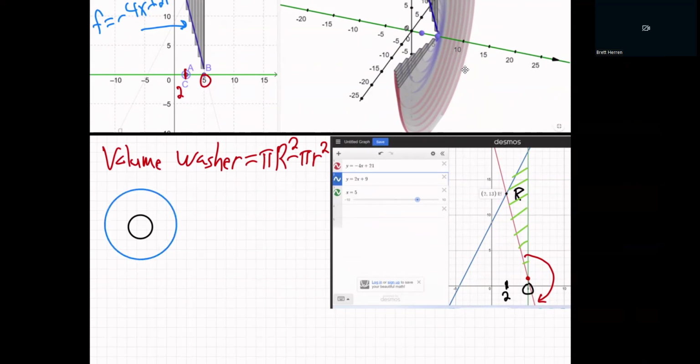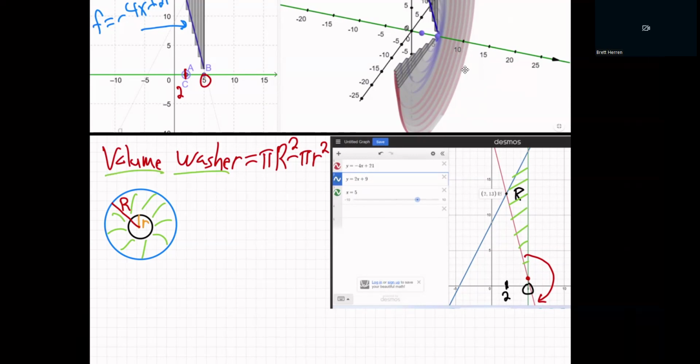That's a washer. You've got the little radius and the big radius, and it's like a donut or a tire. The volume is the space in between the circles.